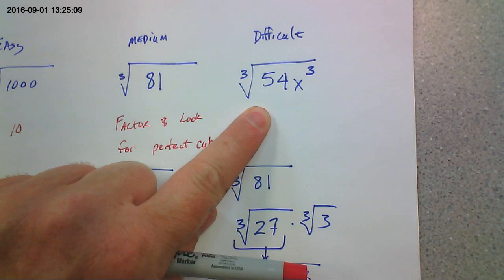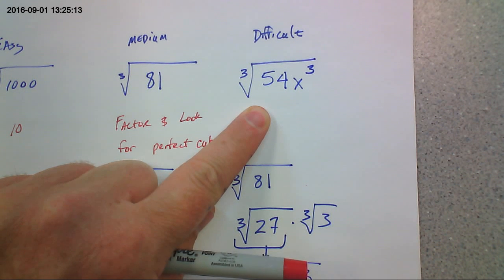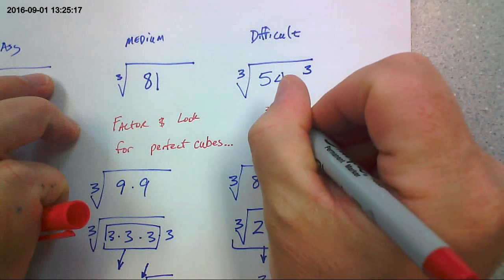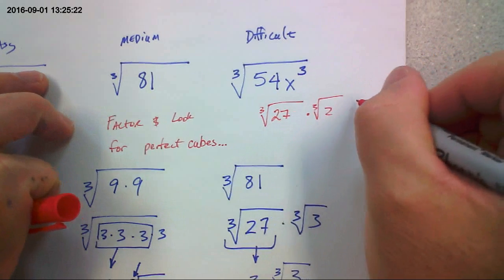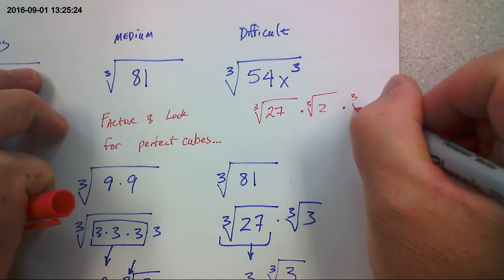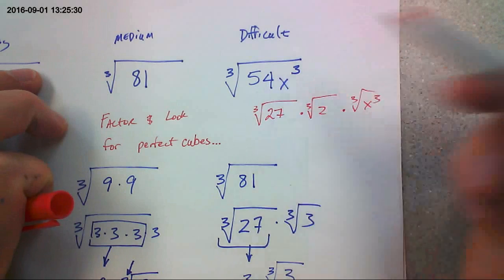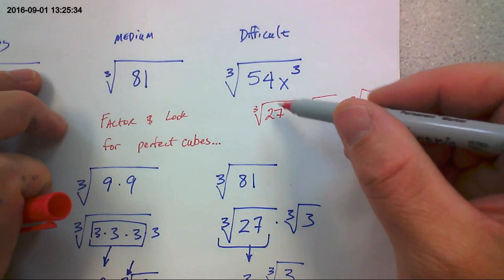These problems you're going to have right now, they're going to work out like that. See if a small number goes into it. 2 times 27 is 54. So this is 27 times 2 times cube root of x cubed. Like if you broke it apart, that's what it would be, because 27 times 2 is 54. And the reason I use 27 is because it's a perfect cube.